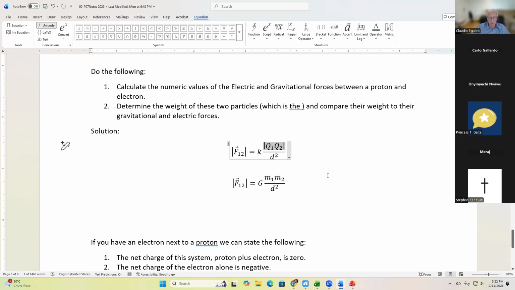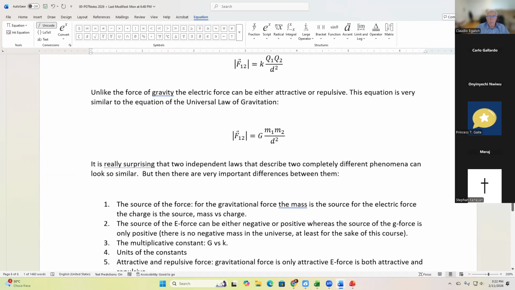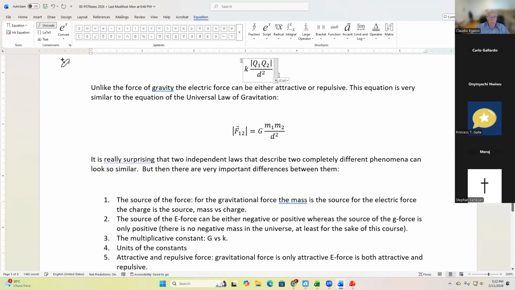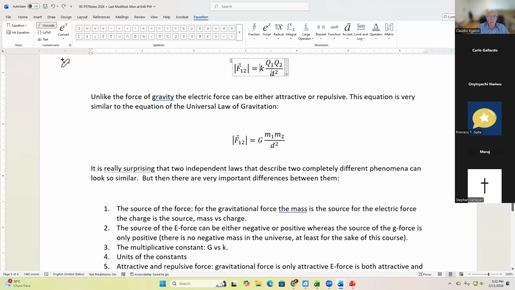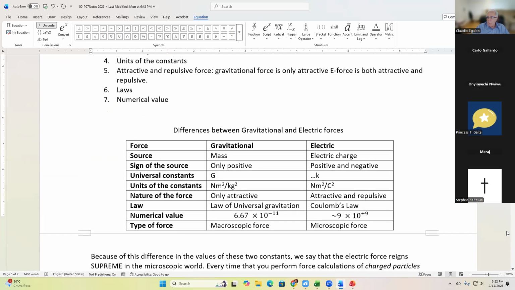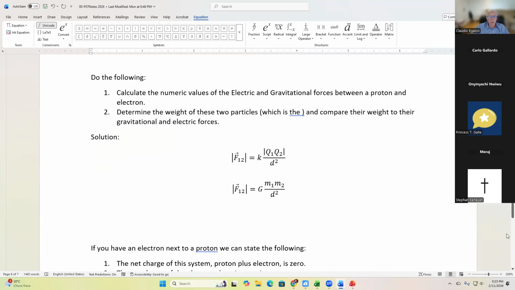So you must put the magnitude right here. Let me correct that upstairs. Mass is always positive, so you don't have to worry about putting the magnitude signs there.